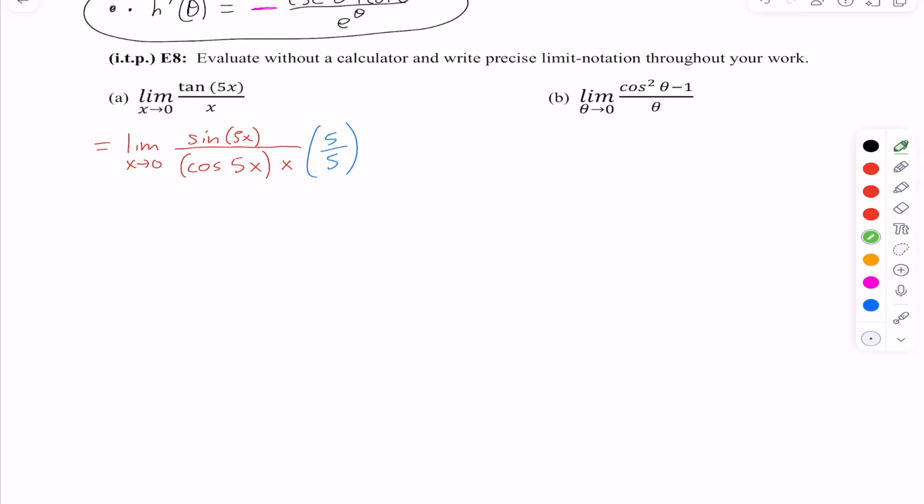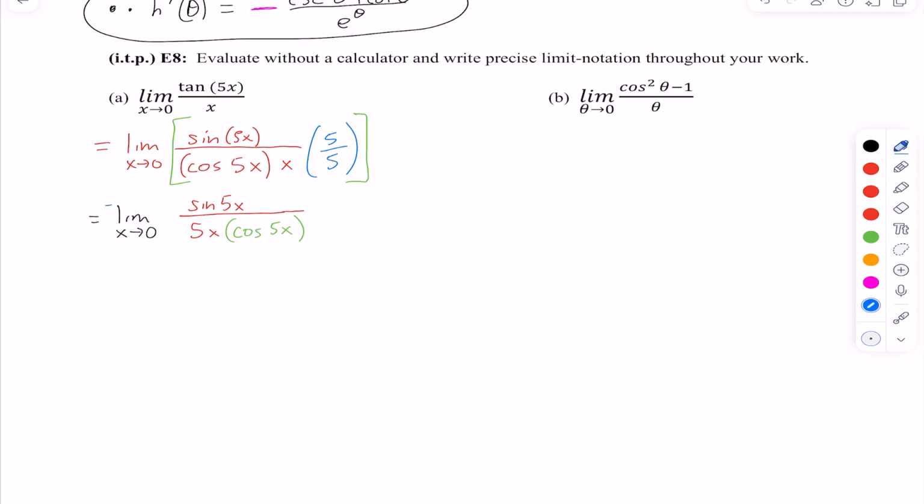So we're going to multiply by a magical 1. And this is a little bit easier to read.